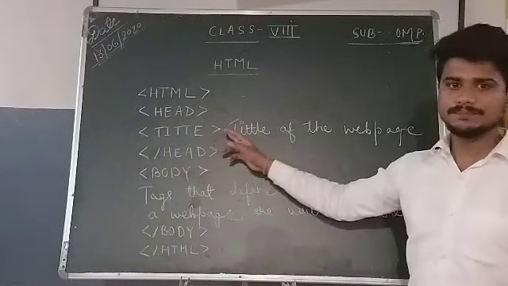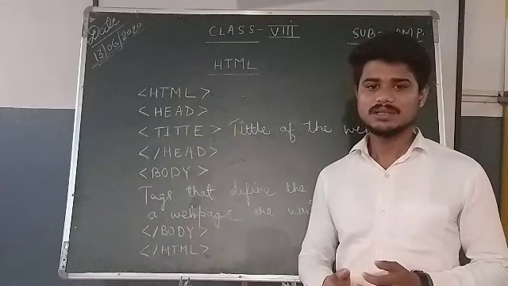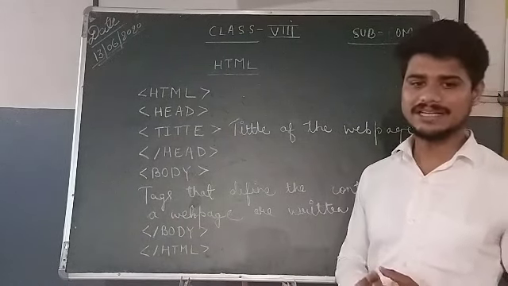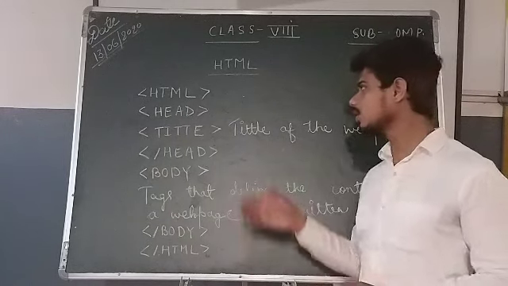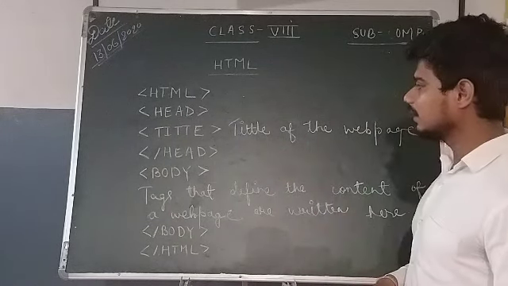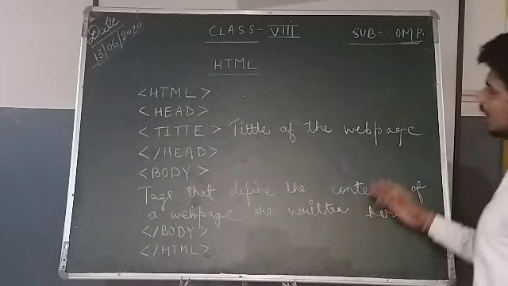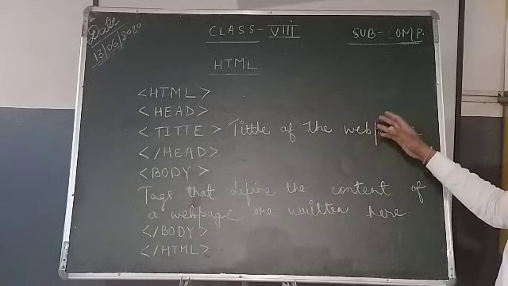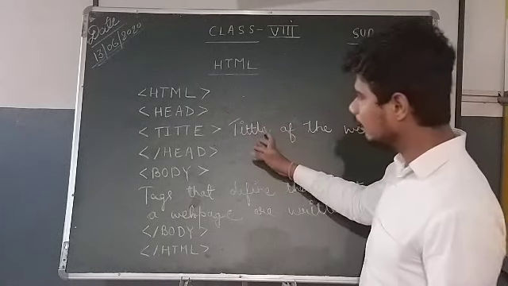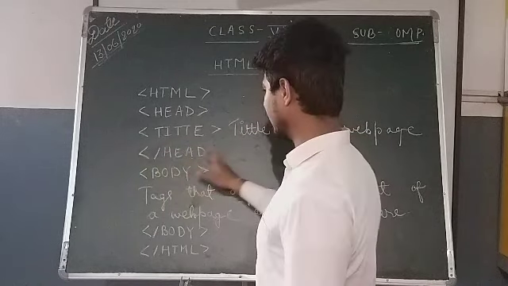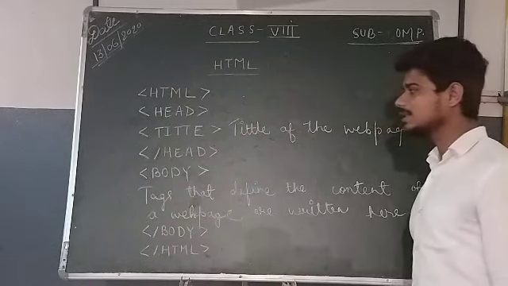The title tag is used to specify the title that appears on the title bar or in the tab of the browser window. It is also a container tag. After completing the title tag, we close the head tag by putting a forward slash in front of the tag name.